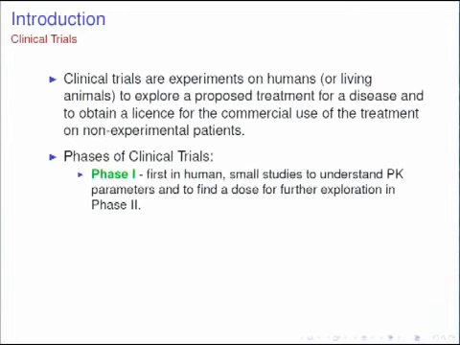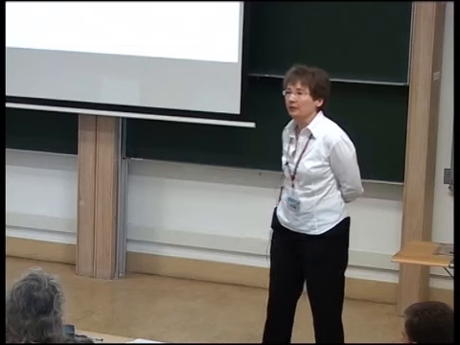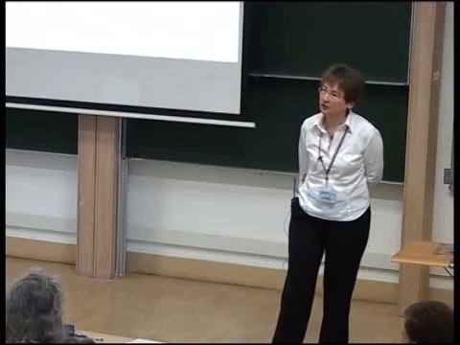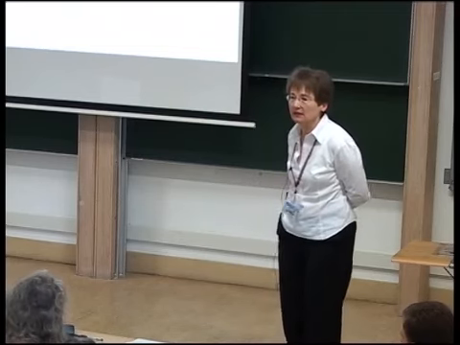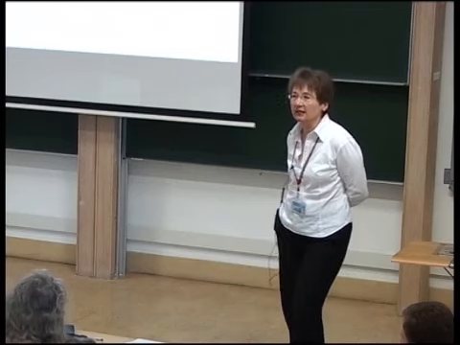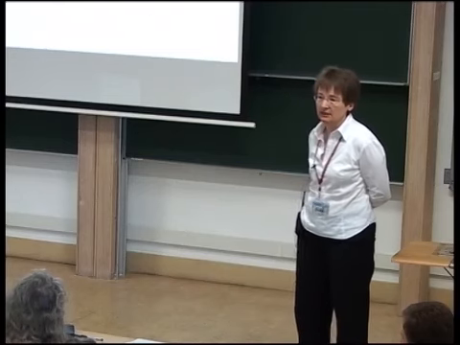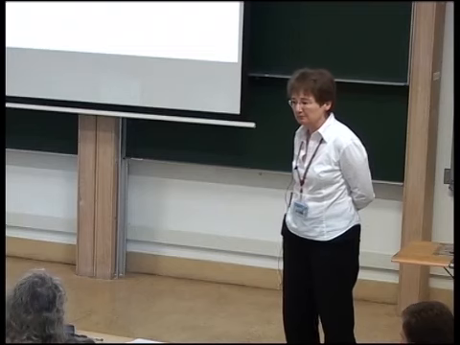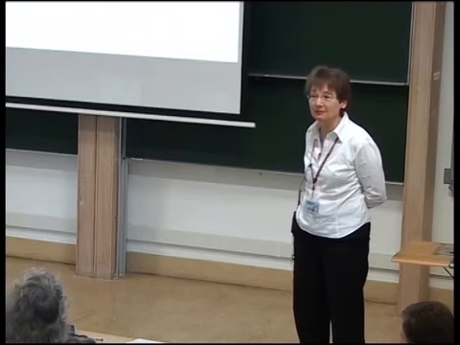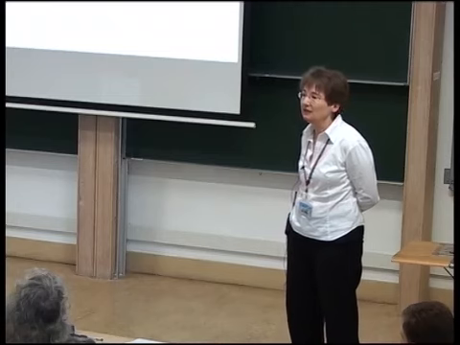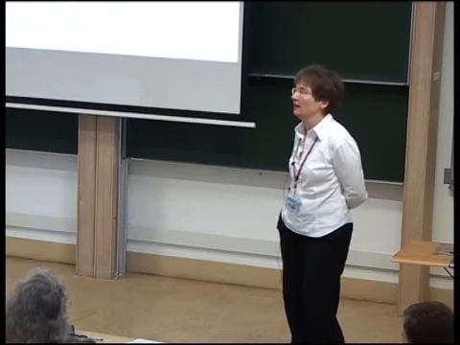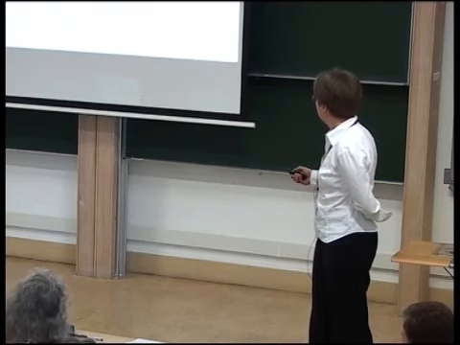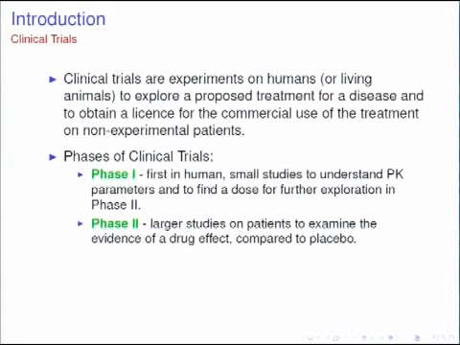These often are done on healthy volunteers, but sometimes on patients, depending on the drug which is explored, and some of the drugs are not ethical to be used on healthy volunteers, and patients get into the study already in phase 1.